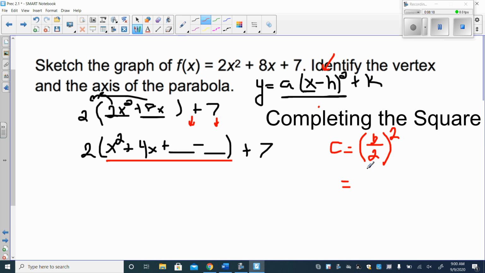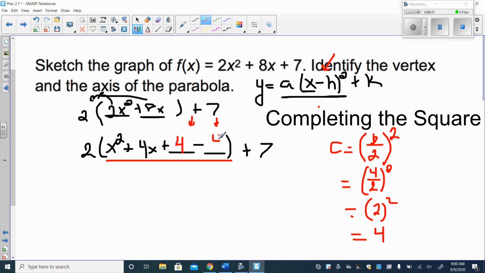Now our b term here is 4. And 4 over 2 is 2, and 2 squared is 4. So we want to put 4 here, because x squared plus 4x plus 4 is a perfect square, or we can rewrite it as a set of parentheses squared. But if you notice, I just added 4 inside of these parentheses.